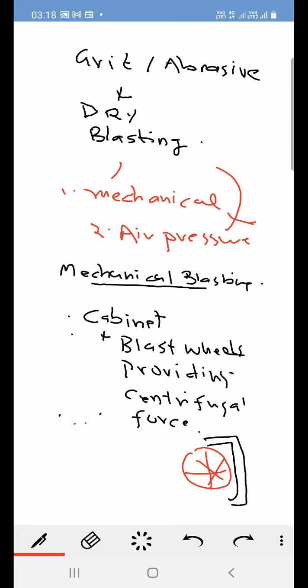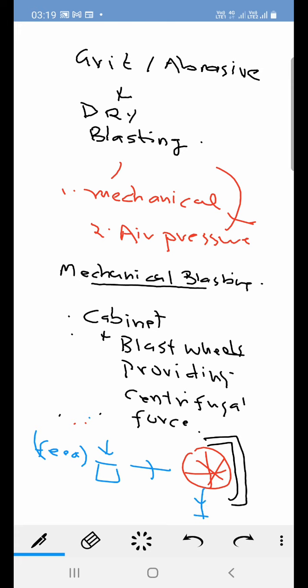Now, this is the feed, or the powder, which needs to be used as an abrasive. It is supplied to the wheels, and they provide the centrifugal force, and this is the direction of the blast.